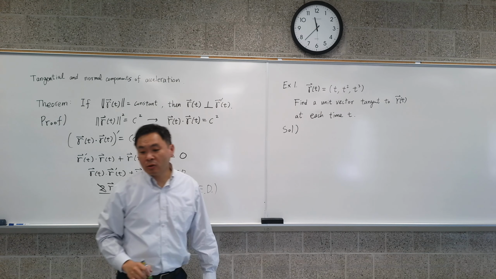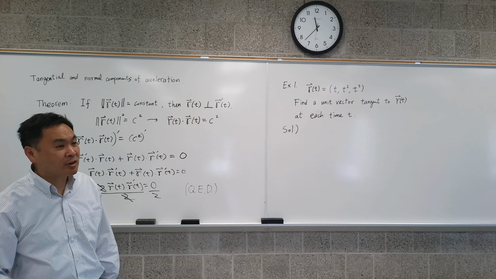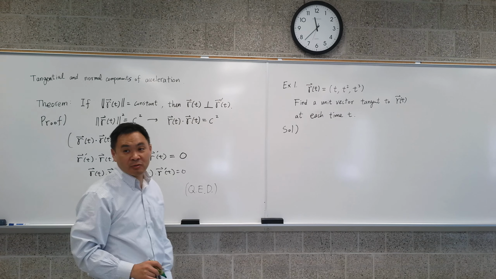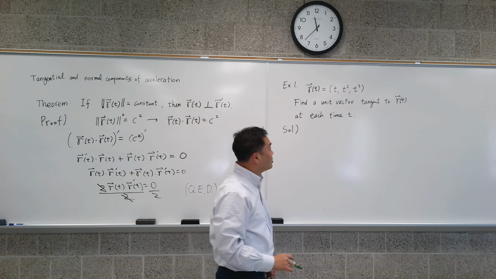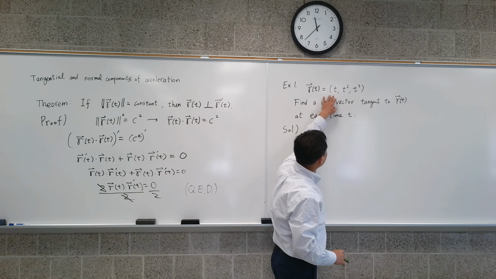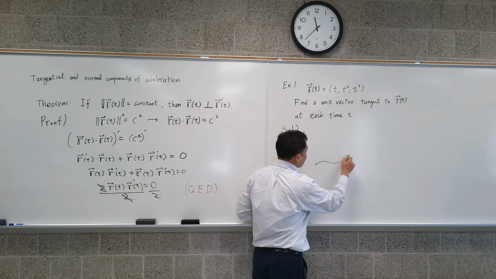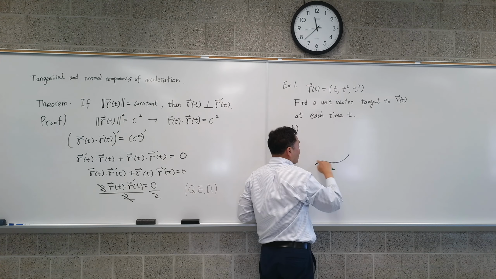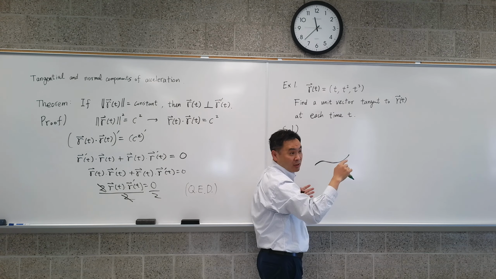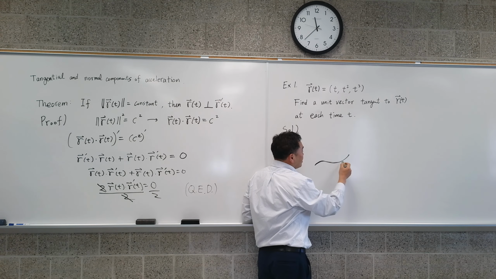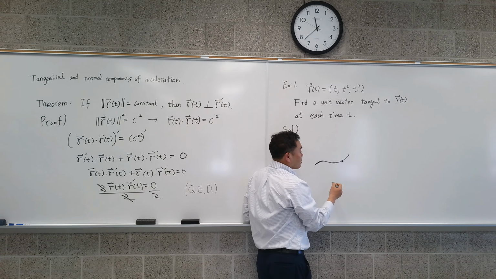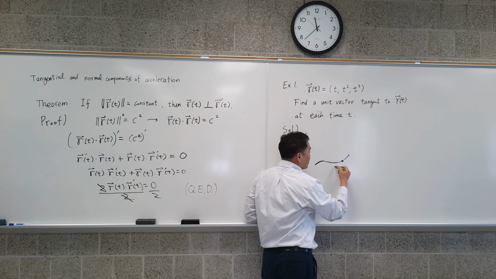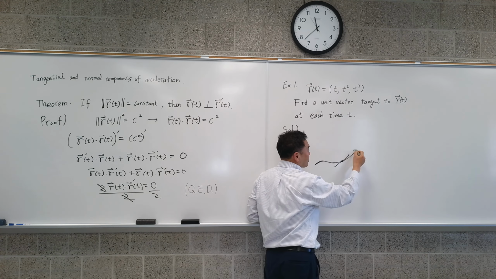Now we already know how to get a tangent vector. How do you get a tangent vector for a vector valued function? Remember, we're thinking of this as a moving particle, but moving particles have trajectories, so you can also think of this as a curve in 3D. At each point in the curve, you can talk about a tangential vector.